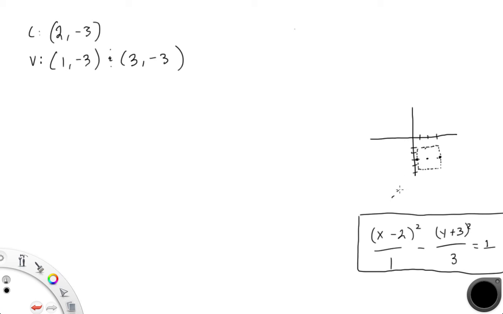Now if we fill in our asymptotes, then we can see what this hyperbola is doing, at least approximately. Okay, foci, right? Foci are always going to be out here.